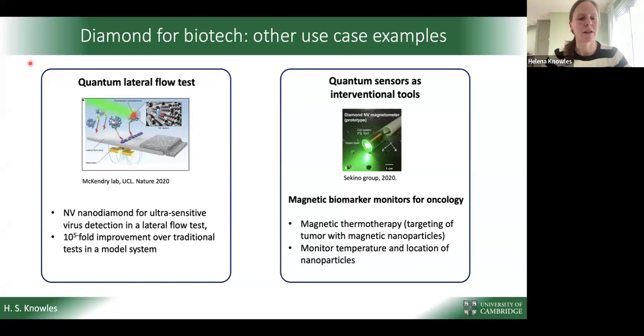I just want to highlight from the McKendry group at UCL these nanodiamond-based lateral flow tests, which was a really nice result from a couple of years ago, where they got orders of magnitude better sensitivity compared with traditional gold particle-based methods. And then, of course, you can think of sticking a piece of diamond at the end of a laparoscopic probe, for example, and using this to look at magnetic particles in a patient. So some of these applications are really quite close to being applied in a clinical setting, which is quite fun.